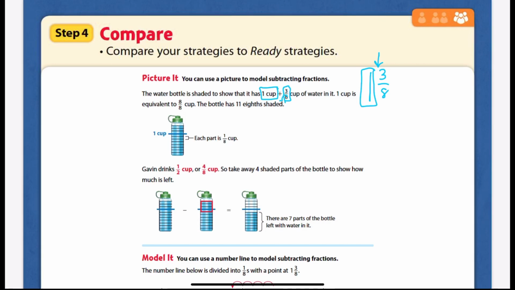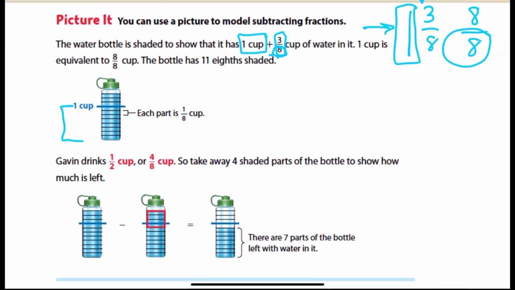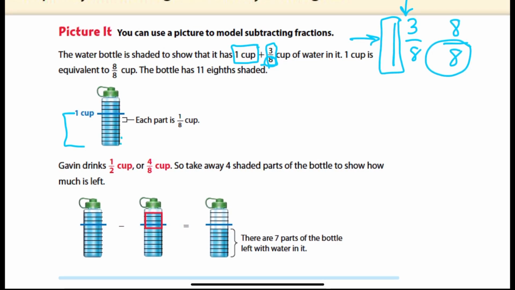Since this denominator right here is 8, we know that in this whole 1, the fraction part will be 8/8, right? So what they did is they made this right here the 1 cup, and it's 8 little parts because there are 8 parts in our whole. So 1, 2, 3, 4, 5, 6, 7, 8. Each part is 1/8 of a cup.